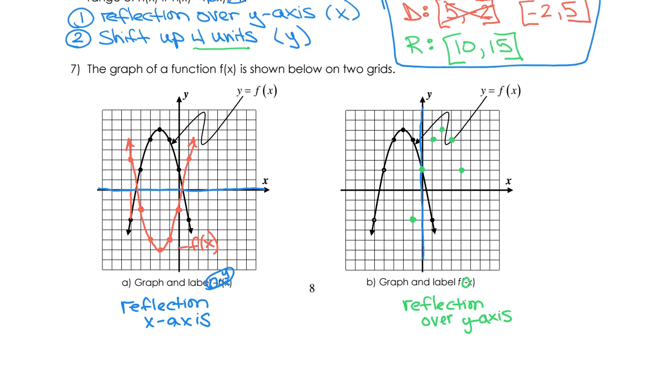And this last one here is 1, 2, 3, 4, 5, so 1, 2, 3, 4, 5. And a nice smooth curve. And there is our reflection of our parabola over the y-axis. Okay. Oh, we got to label them, so it'll say f of negative x.